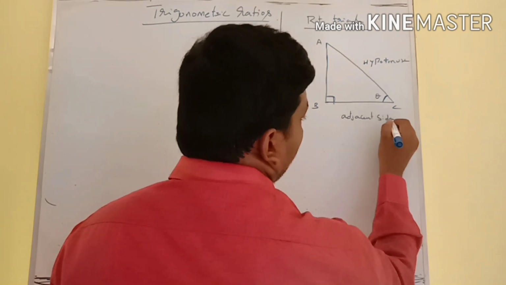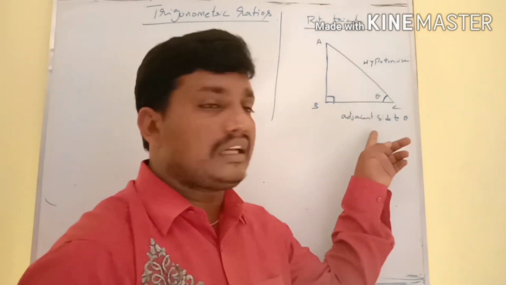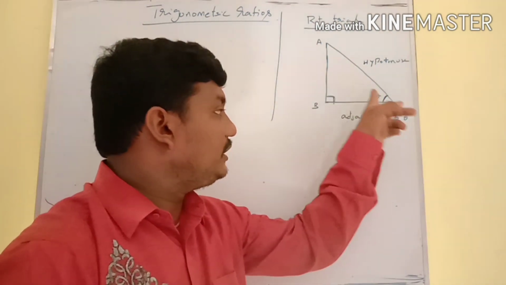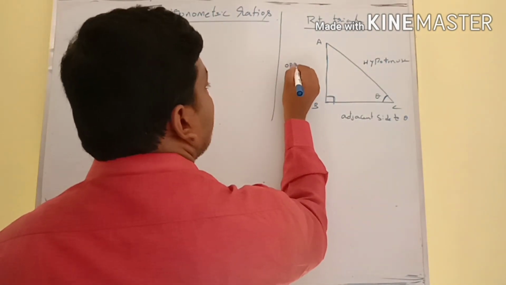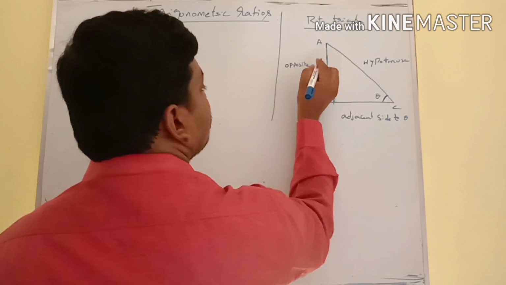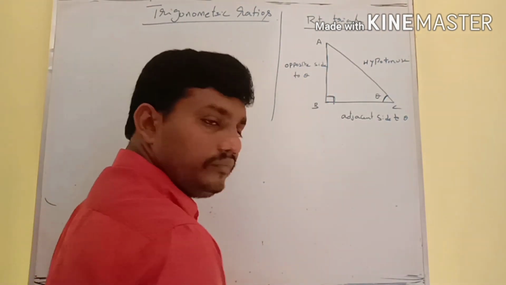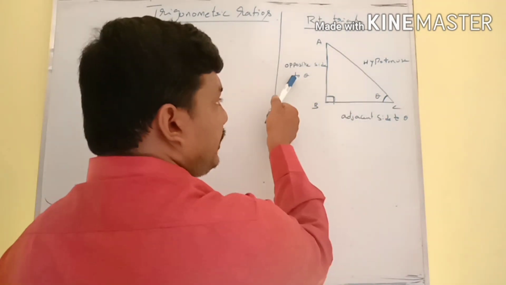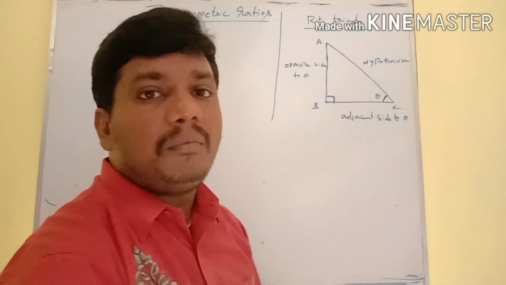The side opposite to this angle is called the opposite side to theta. So AB becomes the adjacent side, and BC becomes the opposite side.